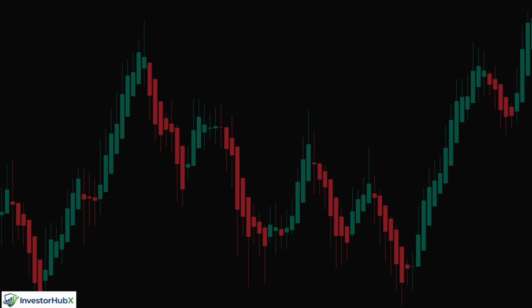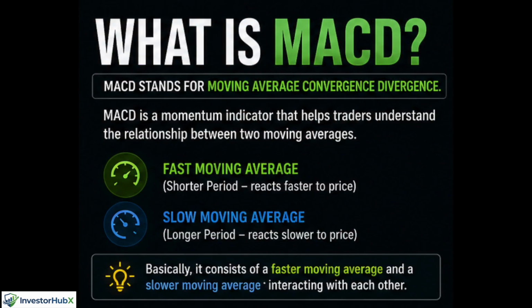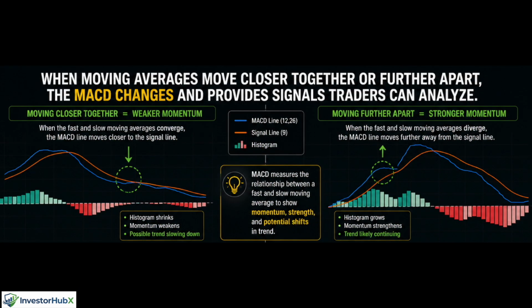What is the MACD indicator? MACD stands for Moving Average Convergence Divergence. It is a momentum indicator that helps traders understand the relationship between two moving averages. Basically, it consists of a faster moving average and a slower moving average interacting with each other. When these moving averages begin moving closer together or further apart, the MACD changes and provides signals that traders can analyze.